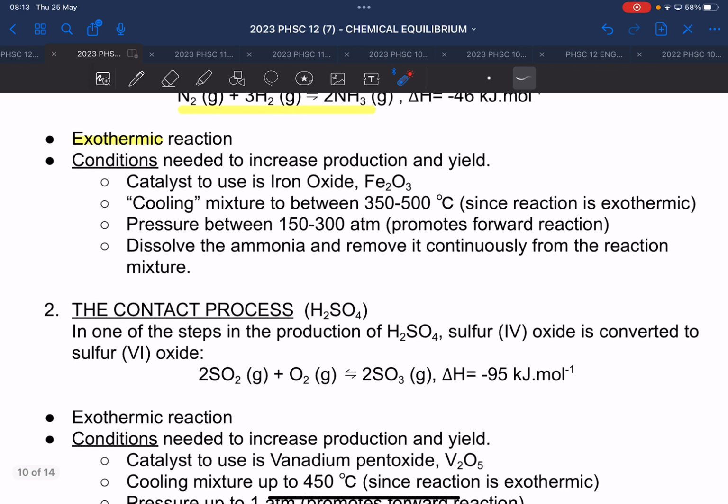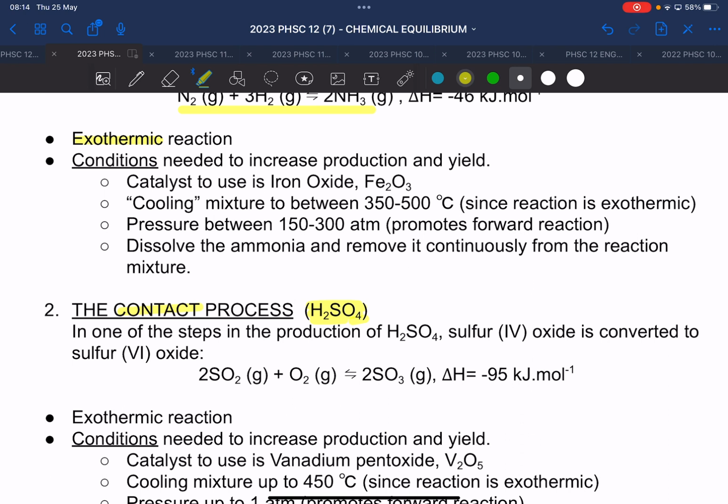The next one there is the contact process. The contact process has 5 steps, I think. It is to produce sulfuric acid. Think: you can't make contact with sulfuric acid. It will burn your skin.